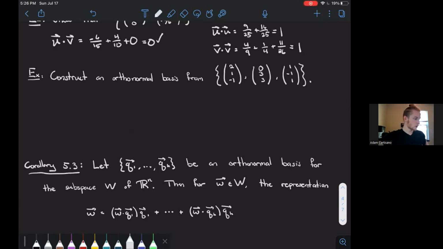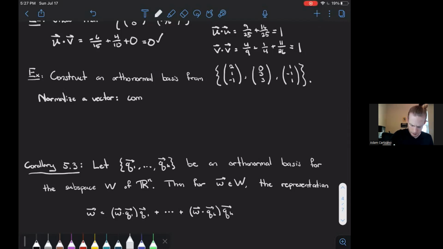So notice that all 3 of these, okay, we've already checked orthogonal. We haven't checked ortho, we have to normalize. Okay. I think we've talked about this. Normalize a vector. Yes, we have talked about this.